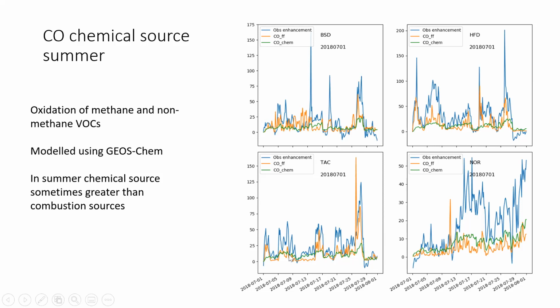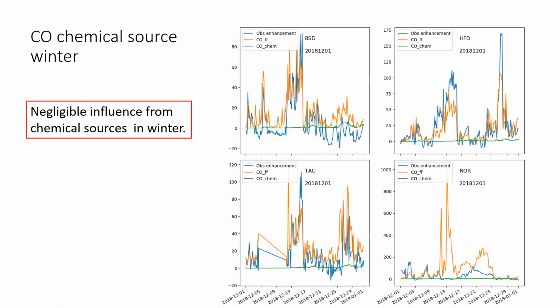But you can see there are times, particularly for certain sites, maybe at Bilsdale and Tacolneston, where the chemical source is much more important than the anthropogenic. This is even more noticeable at the site in Sweden, where the green line is generally above the orange for large periods. So we'd need to take that into account. But just to note that in winter this really isn't an effect, because we don't have the same chemical source.